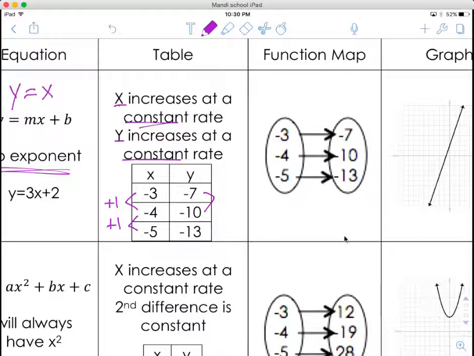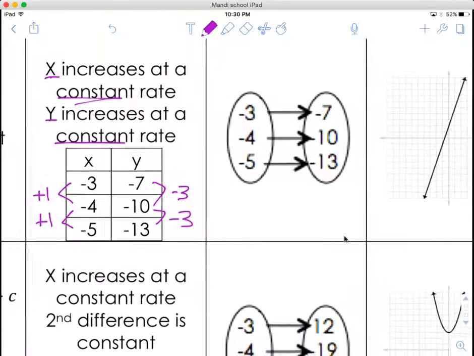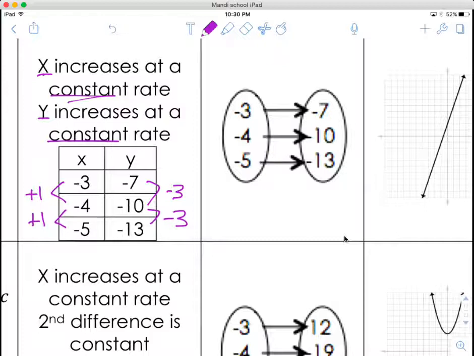From -7 to -10, it's going to go down 3. From -10 to -13, it's going to go down 3. So both of these are increasing or decreasing at a constant rate. It's the same. So when you get to a function map, we have to look, if they're straight across, then we can just look at this. If not, then we need to make a table.